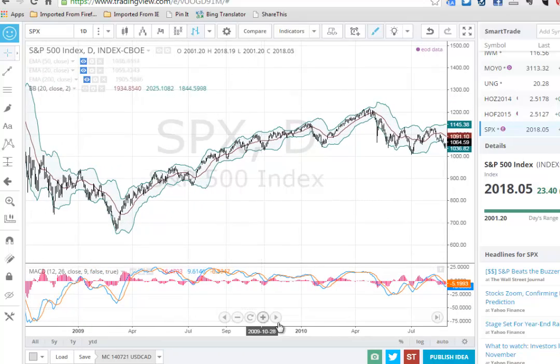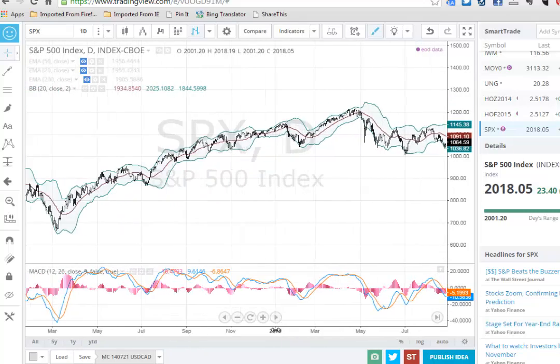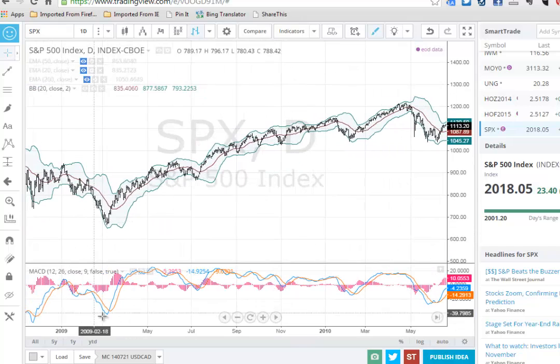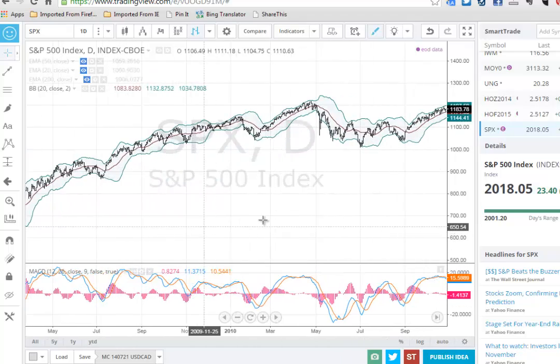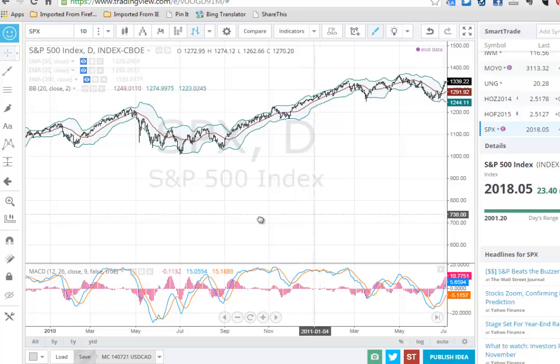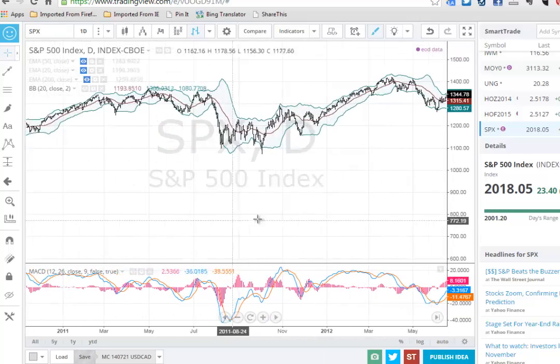What we see here is an oversold situation. We've got our signal, and we've got a price that has raced up towards the Bollinger Bands. Now, is that the best one though? I don't think it is, because we haven't really tested that Bollinger Band.